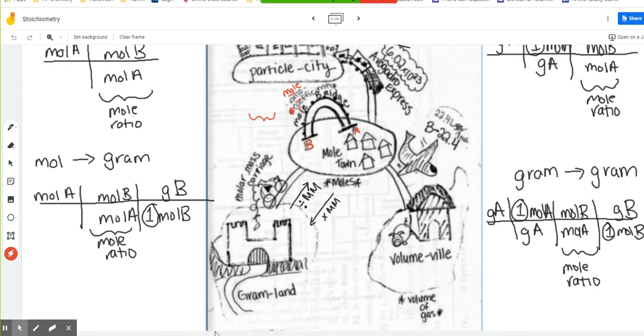What you want to focus on is words down to the right, and it tells you what to do. Remember that we had a mole ratio that showed up in every single one of our calculations. The mole ratio is in every single calculation for stoichiometry. It's absolutely necessary because that's how we relate two things. Whenever we're in mole town, we are crossing that bridge. That is the mole ratio, and then we can travel back if we need to.